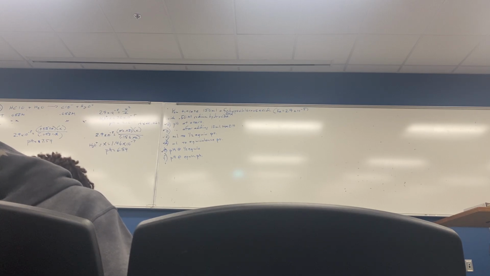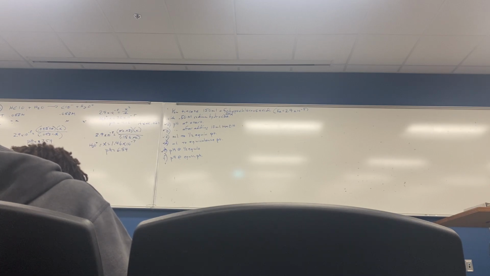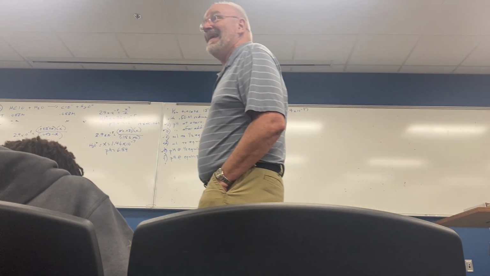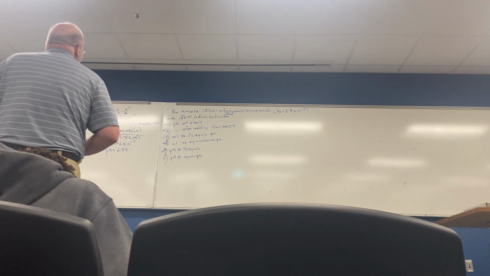So the only thing I have in my beaker is a base. It's going to be basic. Well, it's not really a conjugate anymore because now that's the only thing there is. Okay? So what kind of thing do I need to use if I have a base? Kb. Yeah.